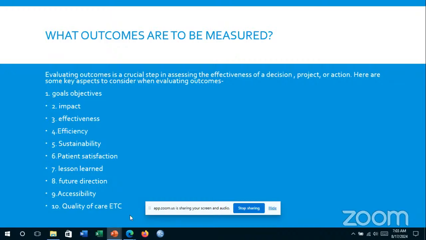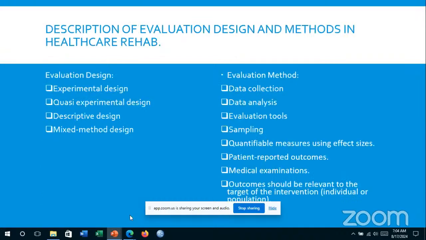Again, for purposes of this group of people, for purposes of our practice, the outcome measures are designed to evaluate impact, effectiveness, efficiency, patient satisfaction. Those four are actually the key determinants of what makes us choose outcome measures in practice.